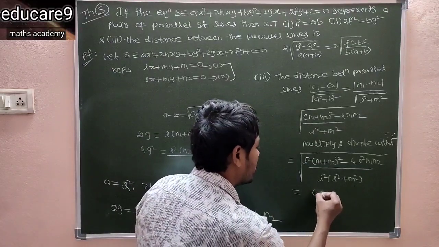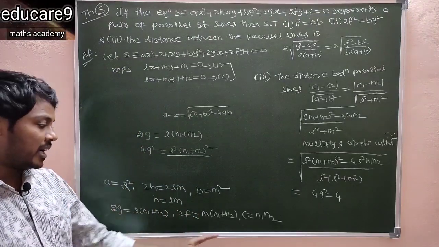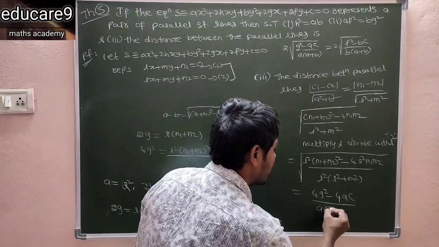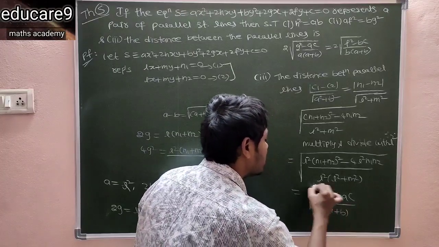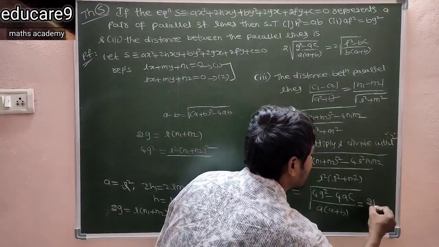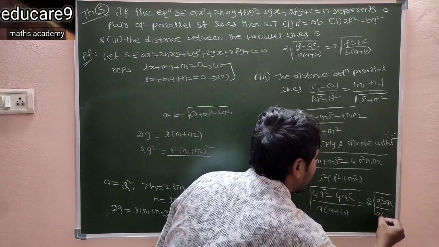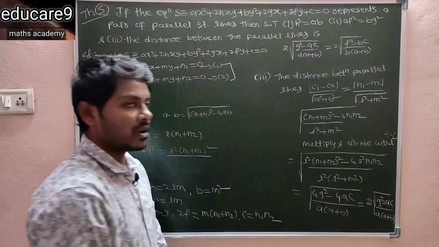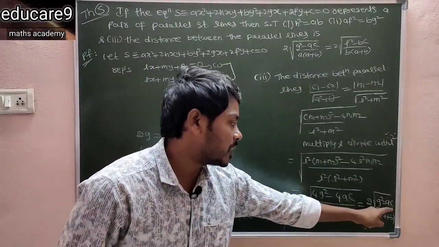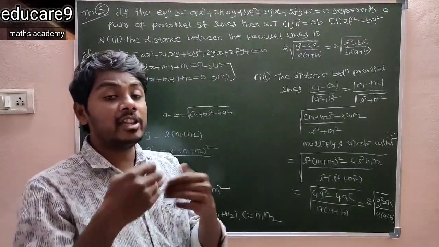So this is 4g square minus 4 L square value A and n1 n2 value C, that is 4ac, divided by A of A plus B. In this, 2 is common. So what you get is 2 root g square minus ac by A of A plus B. If you multiply and divide with L square, you will get 2 root G square minus AC by A of A plus B.